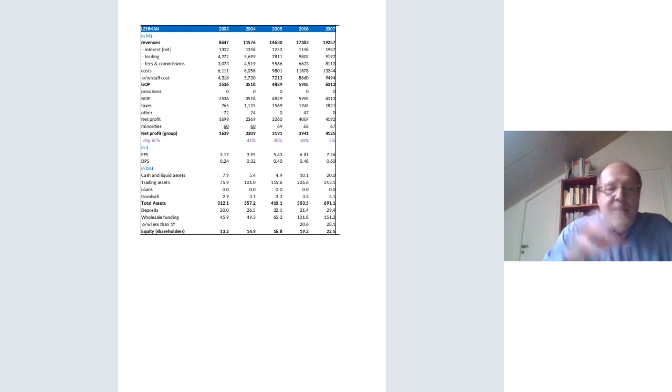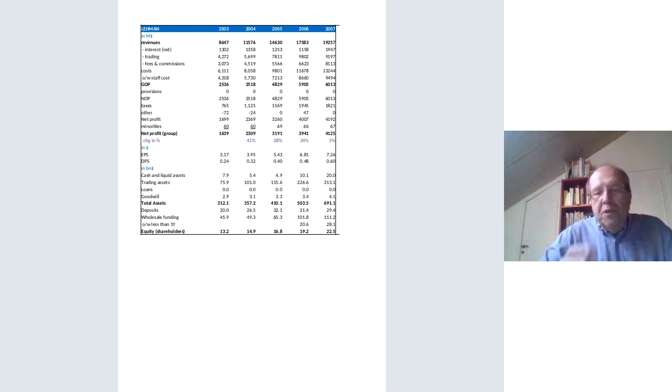You can see that the revenue massively increased. The net profit, on the left side of the table, moved from $1.6 billion to slightly over $4 billion. So you see it's a massive increase. The earnings per share doubled. The total assets doubled. So it was a story of a very fast growing company.